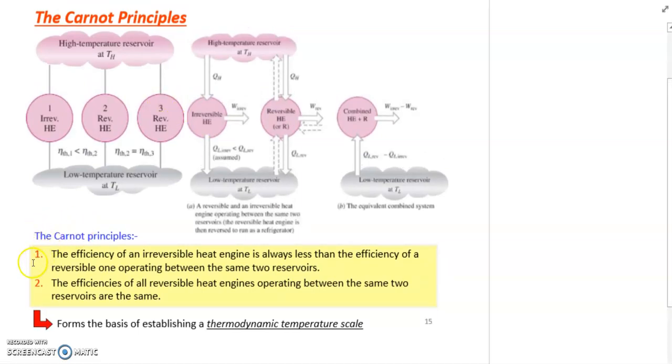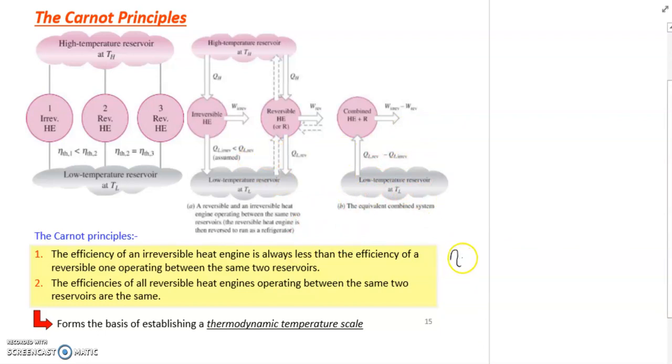We have two main Carnot principles. The first: the efficiency of an irreversible heat engine is always less than the efficiency of a reversible one when operating between the same reservoirs. So let's read down here.